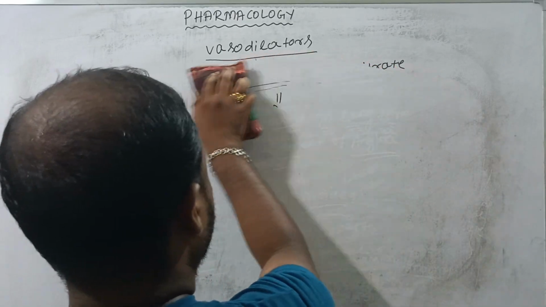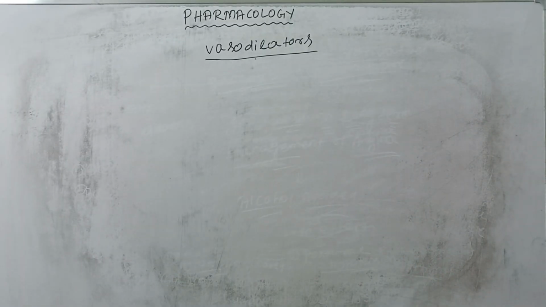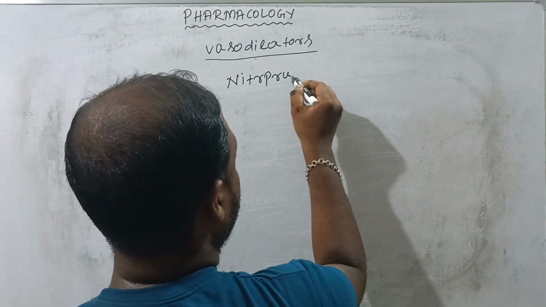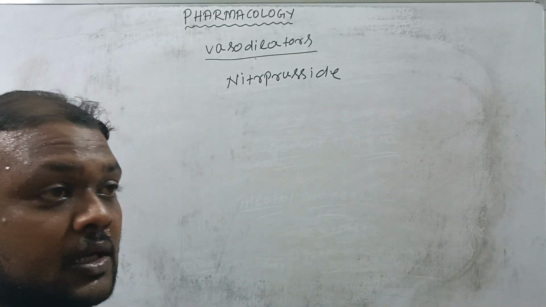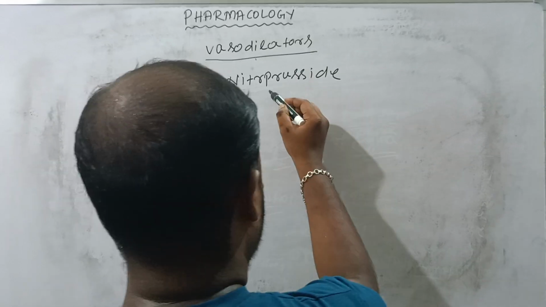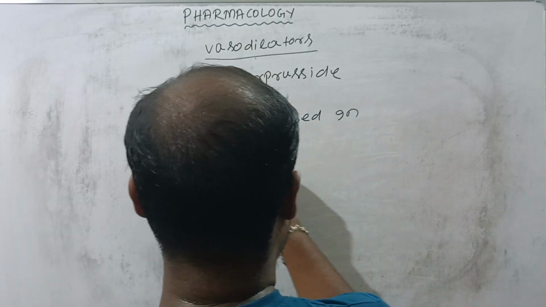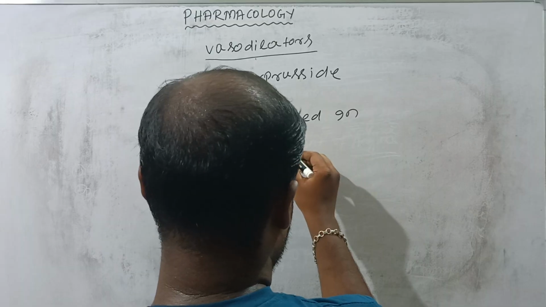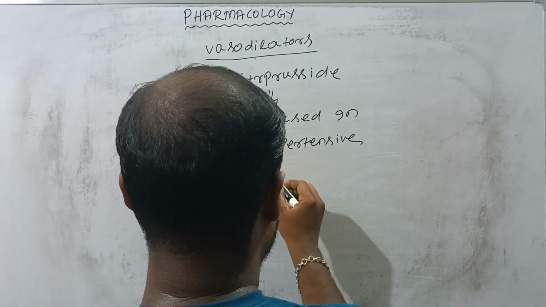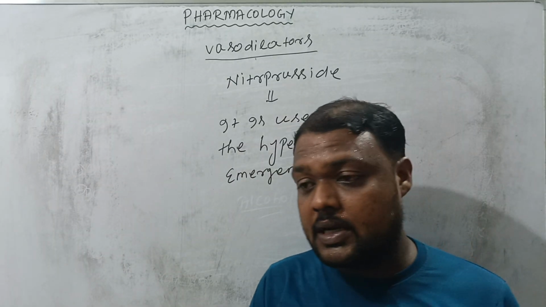Then the nitroprusside. Nitroprusside is used in hypertensive emergency, or hypertensive crisis.